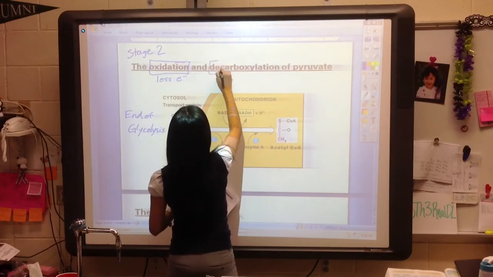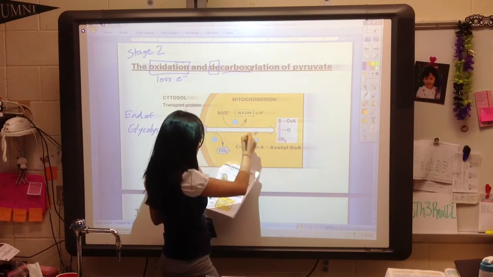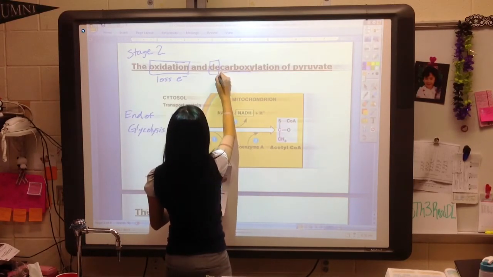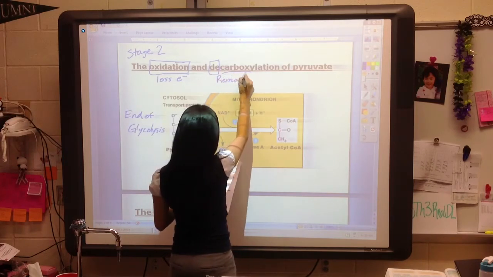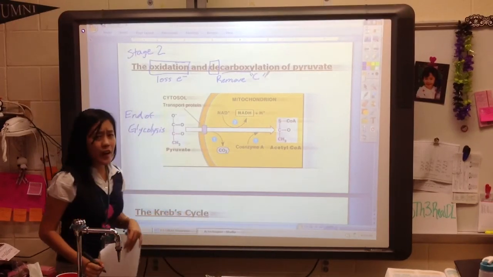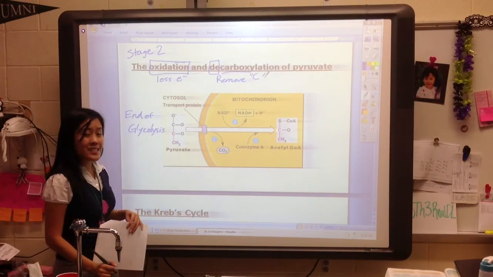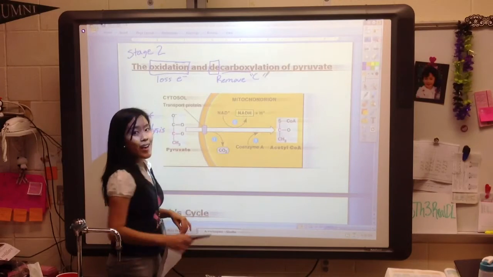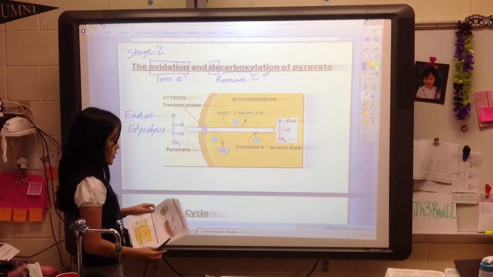Decarboxylation, we're actually going to remove a carbon. And when we remove that carbon, we'll actually exhale that carbon as CO2, carbon dioxide.